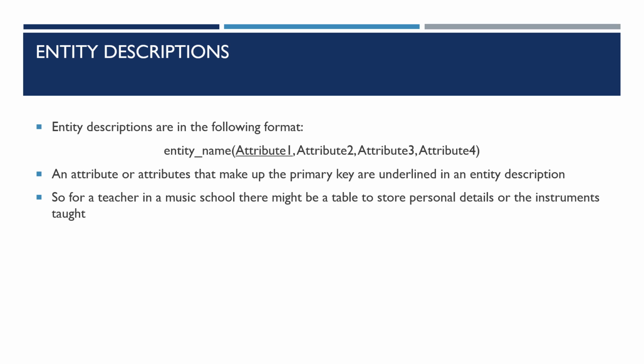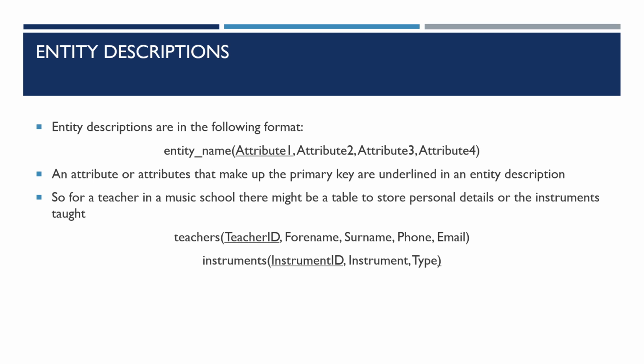So the entity for the teachers table might look something like teachers, and in brackets, teacher ID, underlined as the primary key, forename, surname, phone, and email as the other attributes. Or instruments, with instrument ID as the primary key, and instrument and type as the other attributes.